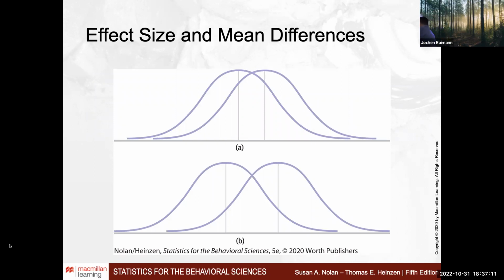Because effect size as a concept is basically that area which does not overlap. In a comparison of two populations, the area that does not overlap is essentially that area that is the real effect size. So you're looking at two different comparisons.